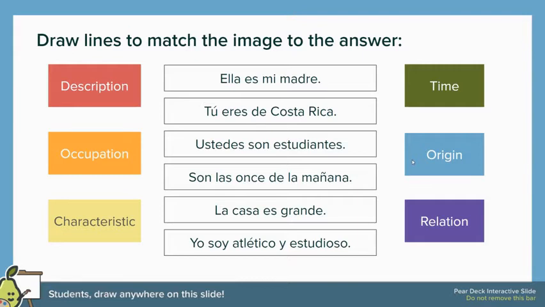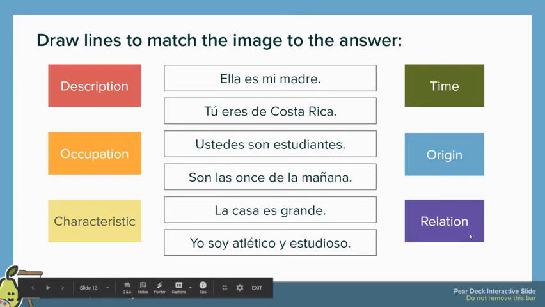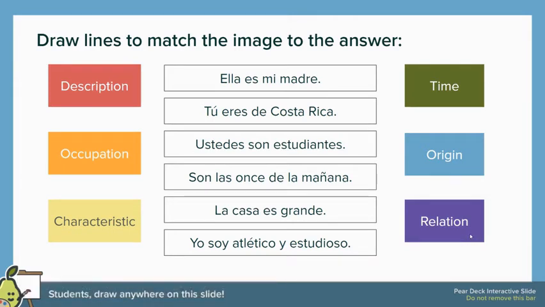Origin. Remember, this is one where you're talking about where you're from. So we have tú eres de Costa Rica. And the last one is relation. And this one should be the top one. Ella es mi madre.